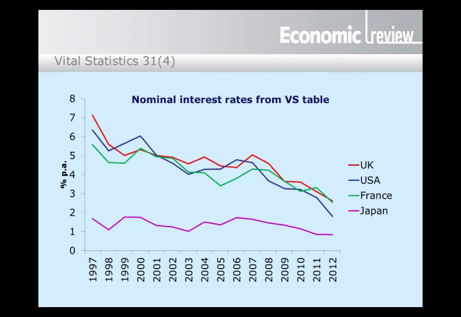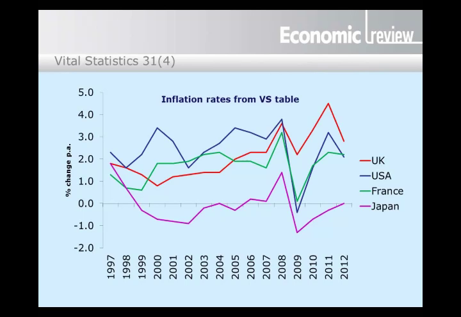So the source of instability is not in nominal interest rates. That being so, of course, it must be in inflation, and that's exactly what we do see. So 2007 to 2008 saw an upward rise in inflation, and at the time this was partly associated with a global increase in commodity prices that took place then.